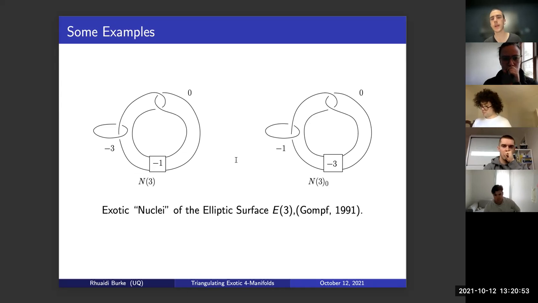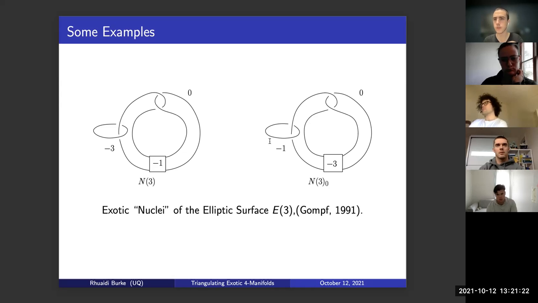But one move in particular is adding a copy of an unknot with plus or minus one framing. And this amounts to blowing up by CP2, so by summing with the complex projective plane. If you look at these two diagrams here on this slide, you can see that the one on the right has this unknot component linked with the other component with minus one framing.